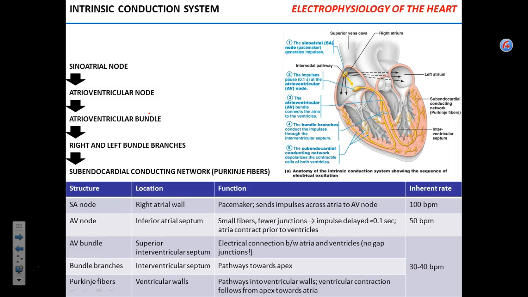So let's work with anatomical position and their function. The first node that sets up the rhythm is the sinoatrial node, or SA.